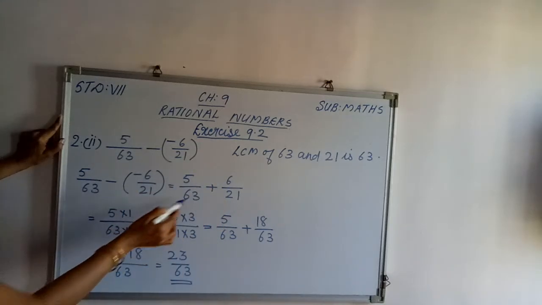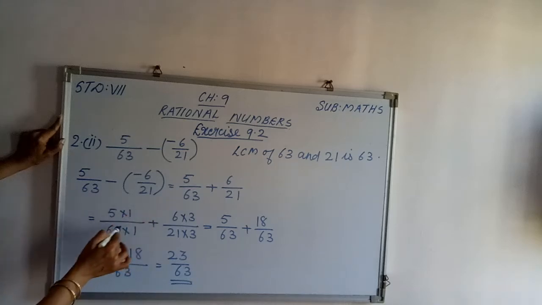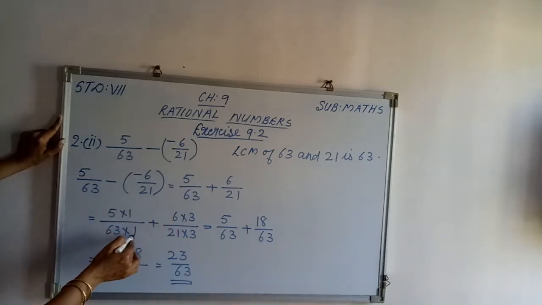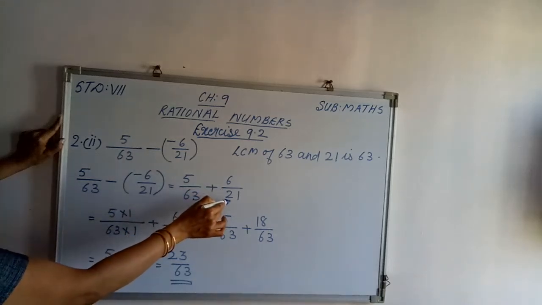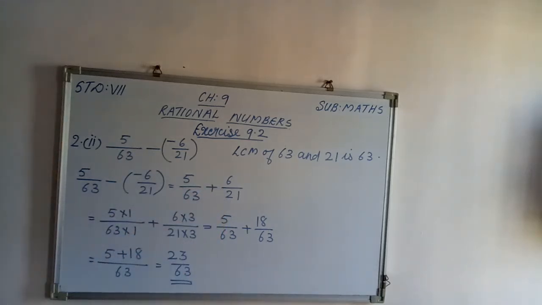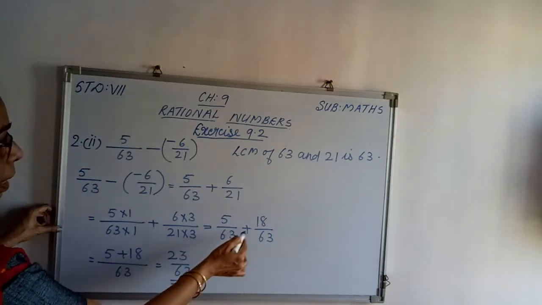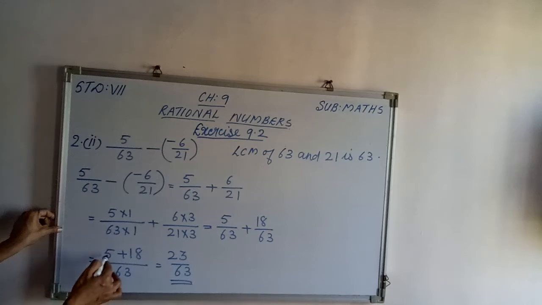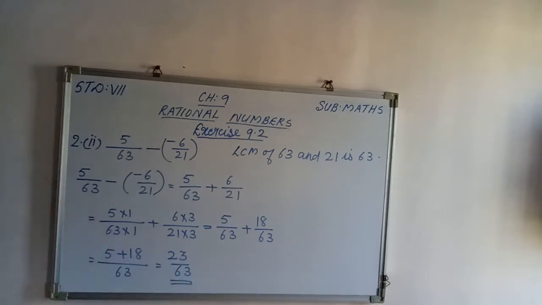Now LCM 63. So here 63 itself is the denominator, 63 into 1, 5 into 1. Then 21 to be changed to an equivalent fraction. So 21 multiplied by 3, so 6 also to be multiplied by 3. We get 5 upon 63 plus 6 into 3, 18 upon 63. Then 5 plus 18 is the numerator, that is 23 upon 63 is the answer.